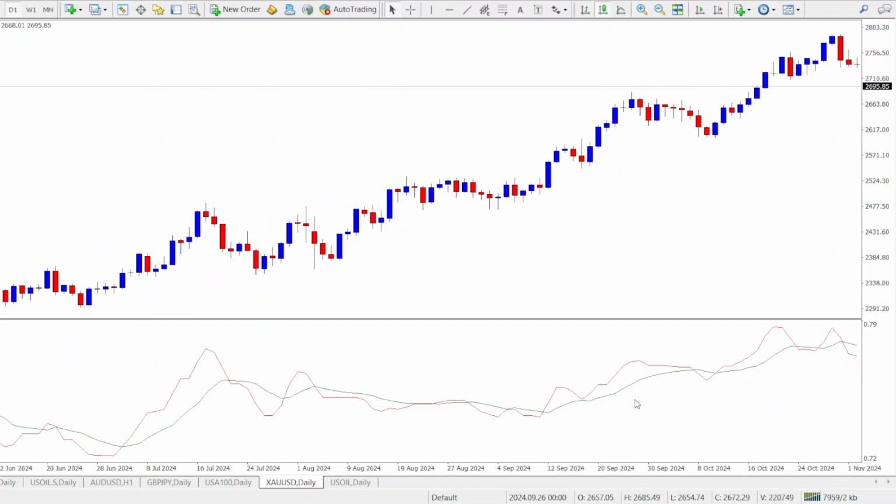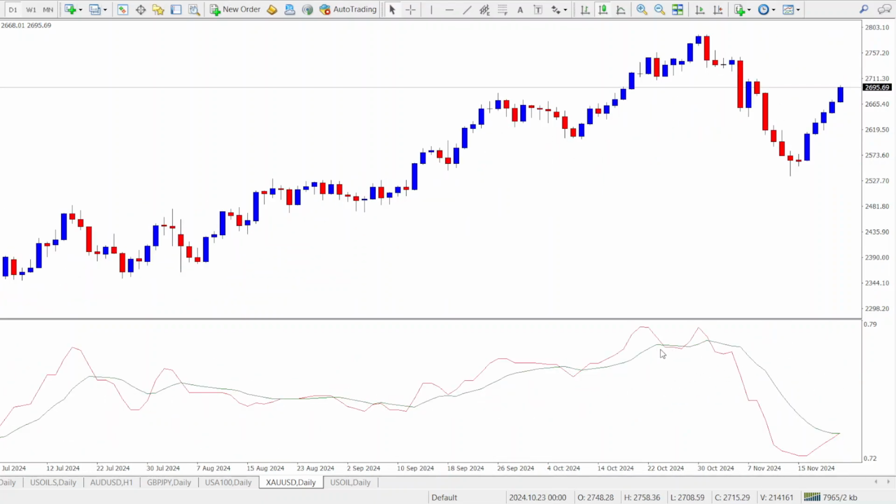When the positive volume index is near the upper level, it signals overbought conditions. Conversely, when the indicator approaches the lower level, it identifies oversold conditions.